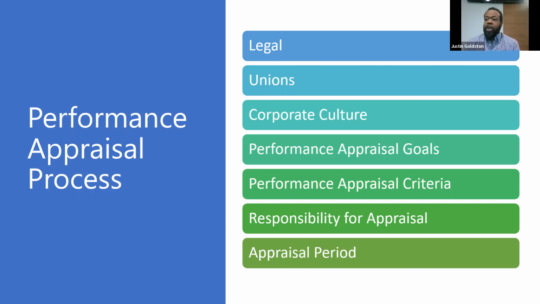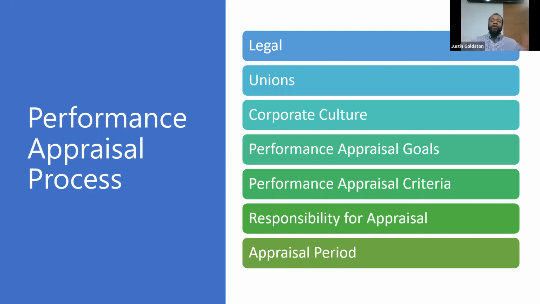Additional considerations taken into account during the performance appraisal process are performance appraisal goals. Performance appraisal goals are how the overall performance appraisal system can be reviewed, and that way we can look at the individual aspects of the performance appraisal.